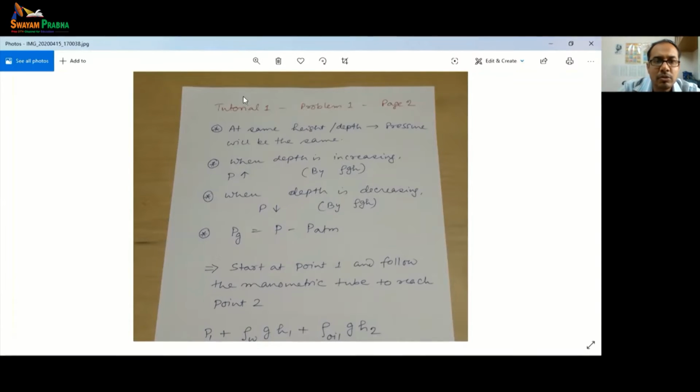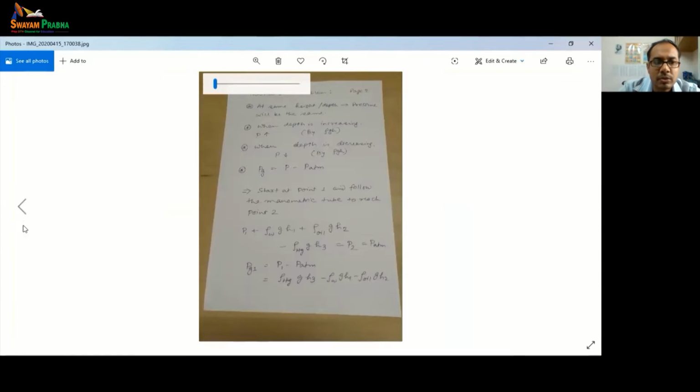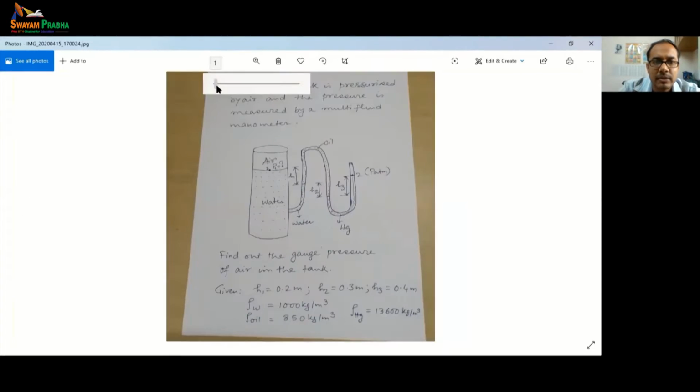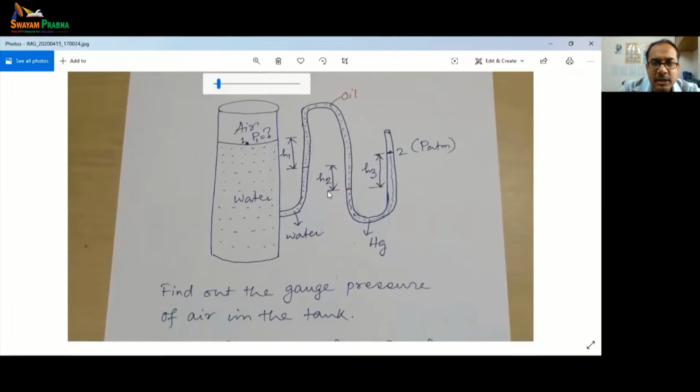So if we go to our manometric tube and apply these concepts, we can see that both here as well as here in the tank, they are at the same height. So pressure at this point in the tank will be the same as pressure at this point in the tube.